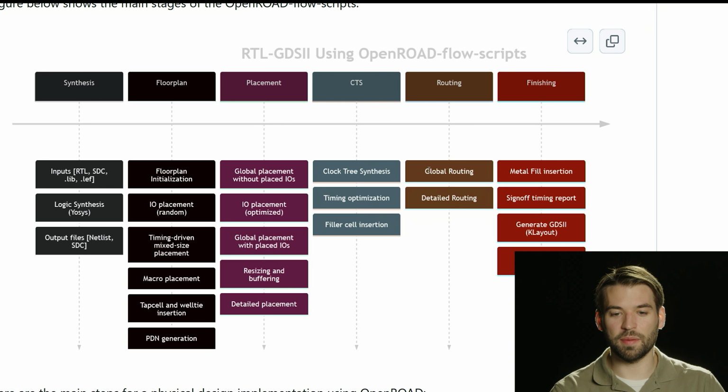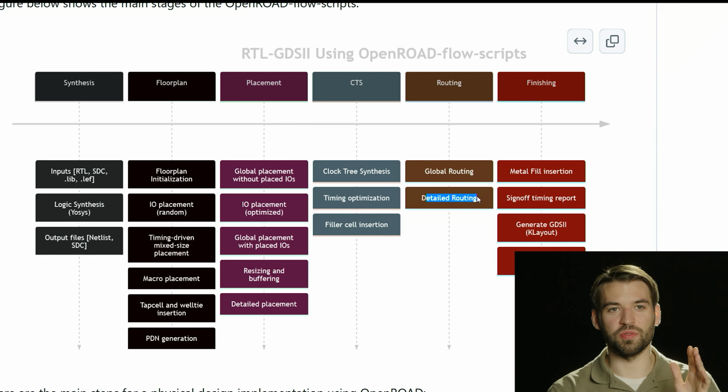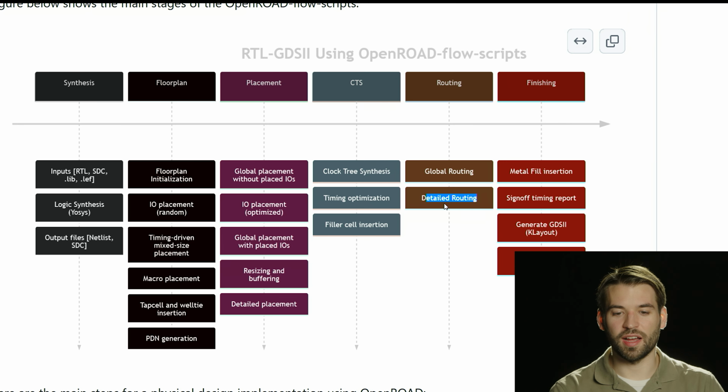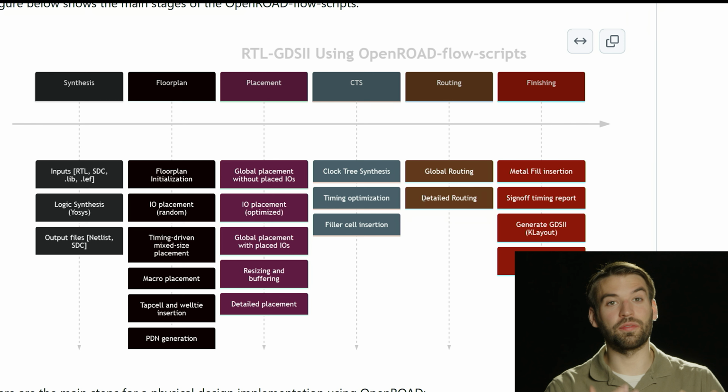So this first step is a first pass at the problem, making sure the wires routed from any instance to any other instance are not too over-congested. And then detailed routing fixes all of the routes to their actual locations. So this is mainly trying to avoid design rule violations.